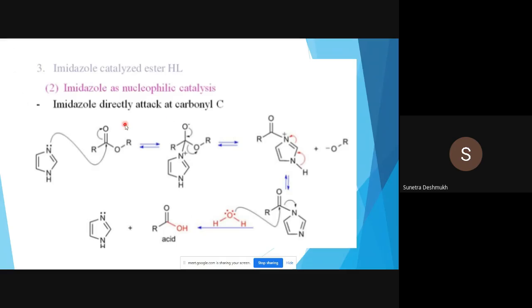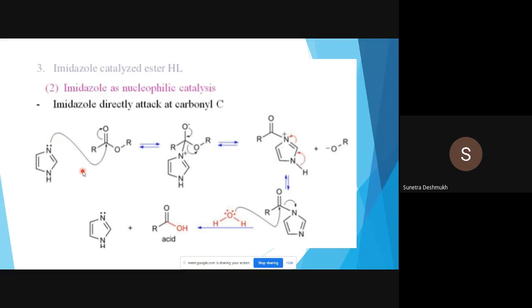Imidazole as a nucleophilic catalyst. In nucleophilic catalysis, the pyridine-like nitrogen holds a free lone pair for the next reaction. Scientists have made different uses of this: here they used the lone pair to attack. You can find many different reactions where imidazole acts as a catalyst.